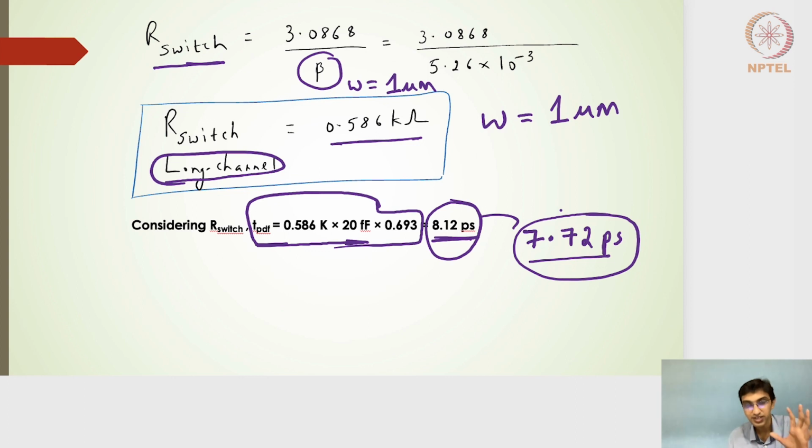Rather, if I have a switching resistance value, use that of 0.586 multiplied by the capacitance multiplied by log of 2 or 0.693, I will get this particular propagation delay falling value. Right? And note that if the betas are same for the PMOS and NMOS, the propagation delay falling and rising will be equal if the betas are same.